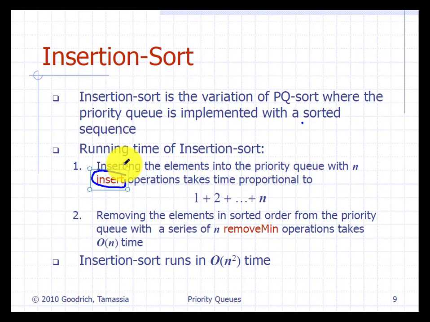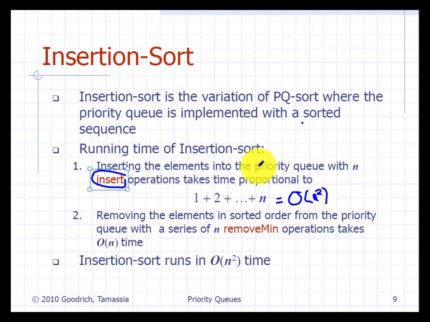Then if you have 2 items, you have to do 2 comparisons, and it'll be 3, and so on. If you have n items, then you would have to compare to each of them, which will be n. So we're going to be summing from 1 to n, and we know that this is equal to O(n squared), which is what the sorted sequence will cost if we have n entries to insert into it. So this is how we get the complexity for inserting into a sorted sequence.